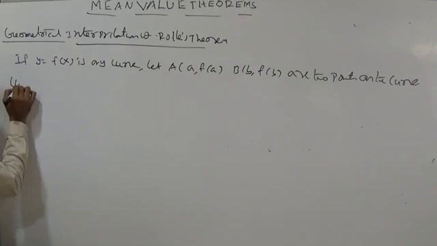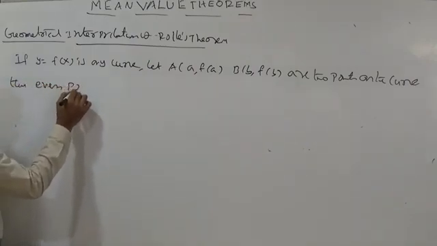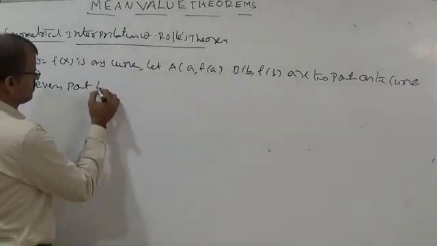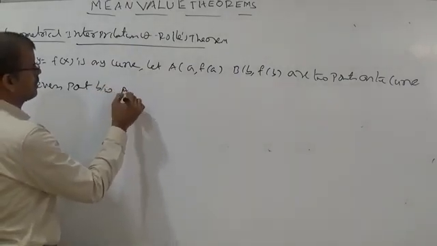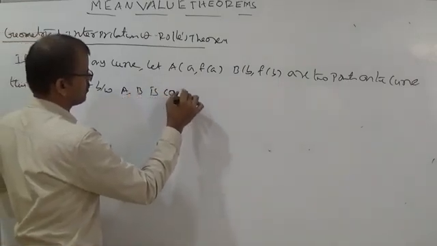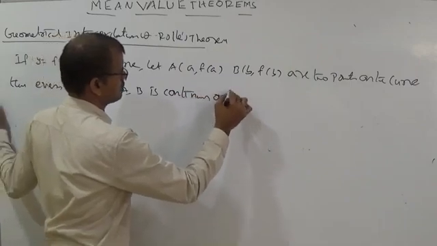Then every point between A and B is continuous on the curve.